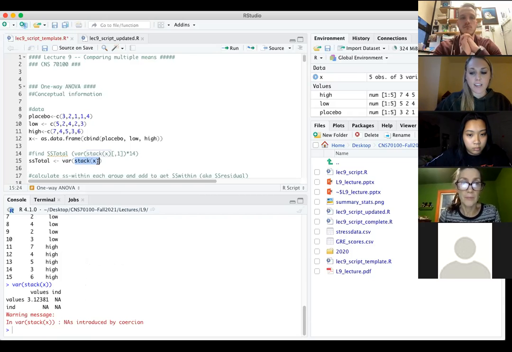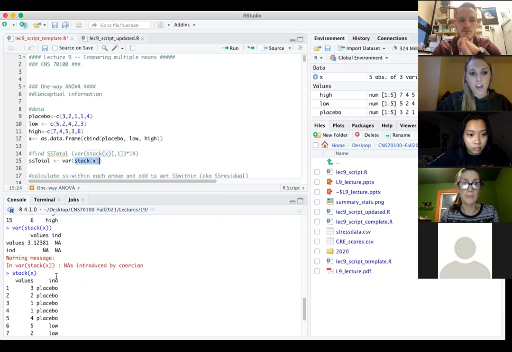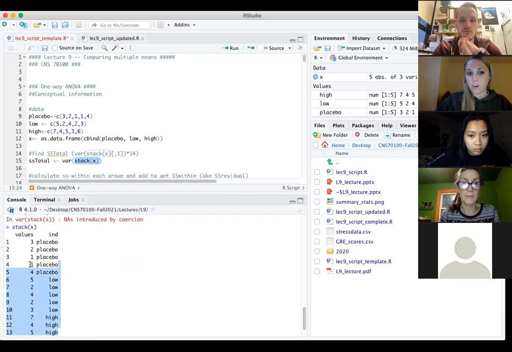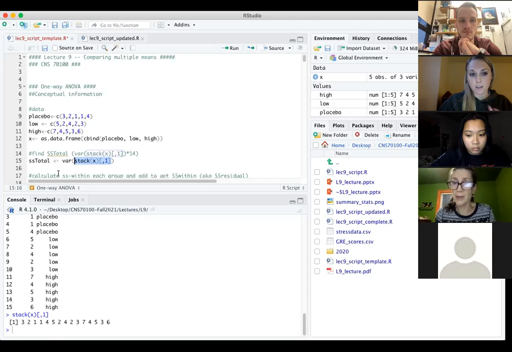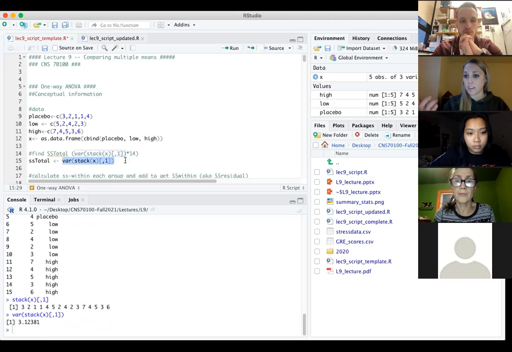So notice stack X has 2 columns. It has the label and it also has the numbers. So we actually just want to grab the first column. So we're just going to grab this first column here. And now this gives us all the data. And now we can take the variance of all the data. So this is just the total data set's variance among all, regardless of group that someone's in.